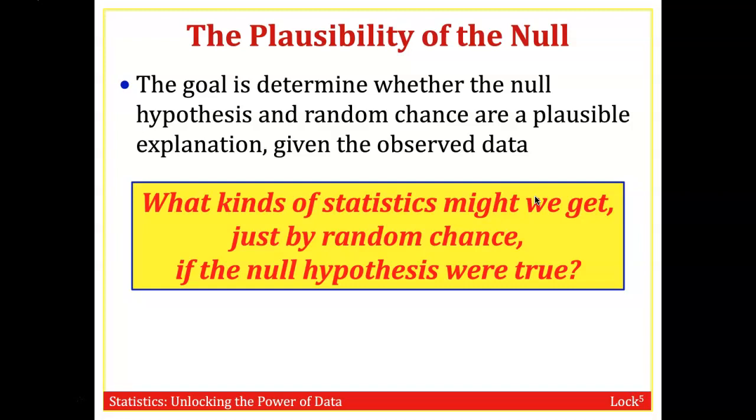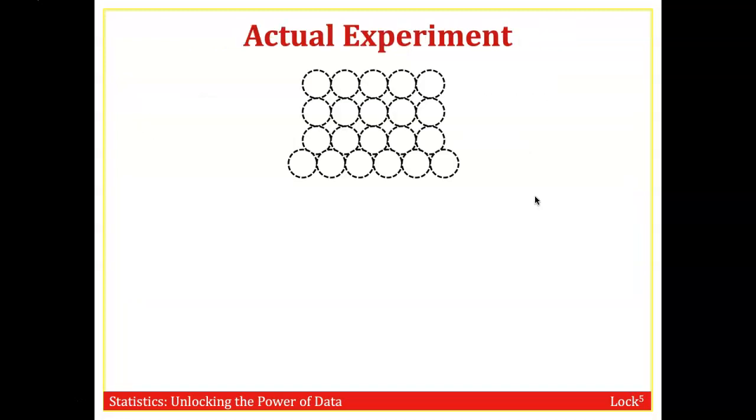To help us look at that, we're going to first look at how the actual experiment was done, and then we're going to see how we can use simulation, computing, to understand how unlikely or likely those results would be if the null hypothesis were true. So let's take a look.